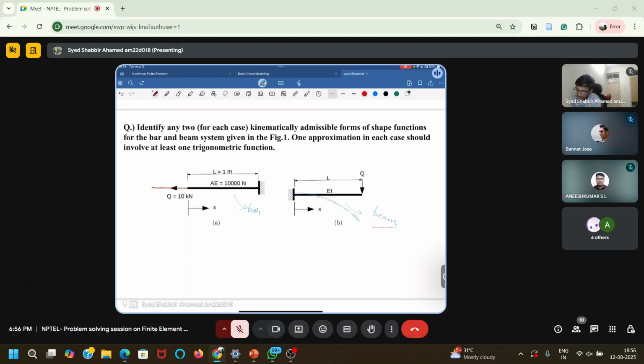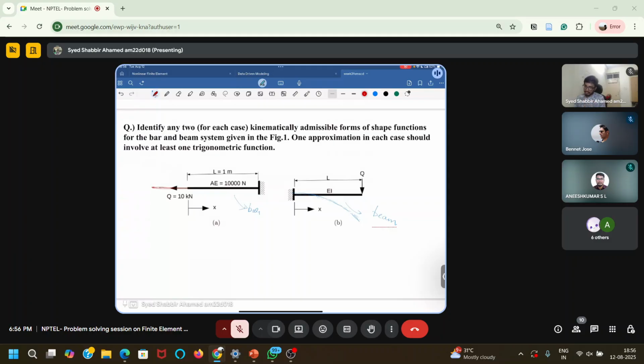For these two, we have to find out kinematically admissible forms of shape functions, or you can also call them kinematically admissible solutions. For each case, we have to find out two solutions. There can be n number of approximate solutions which you can assume, but here I'm just asking for two solutions which can be the solution of these problems.